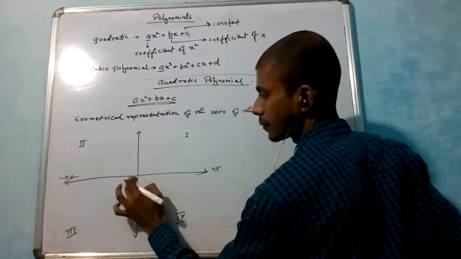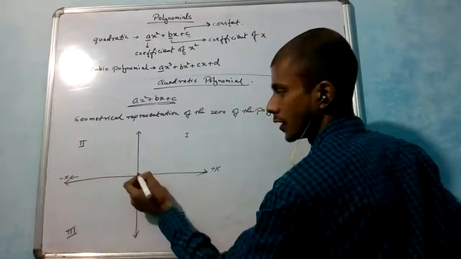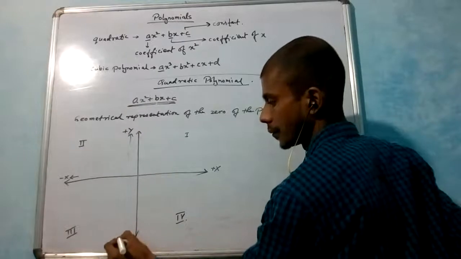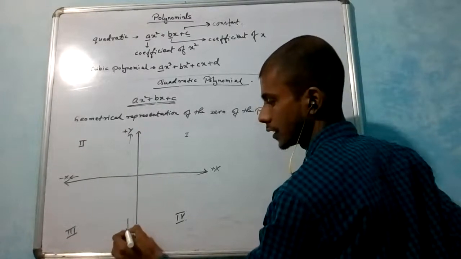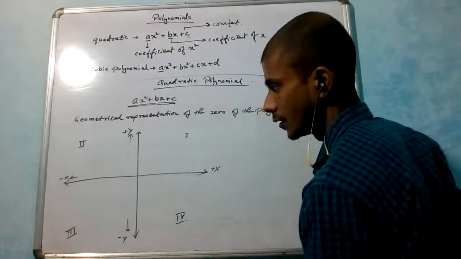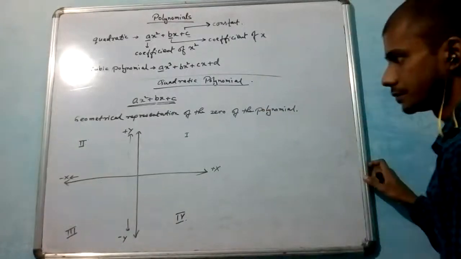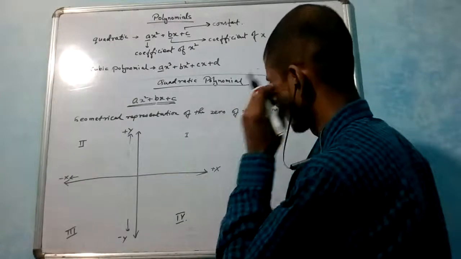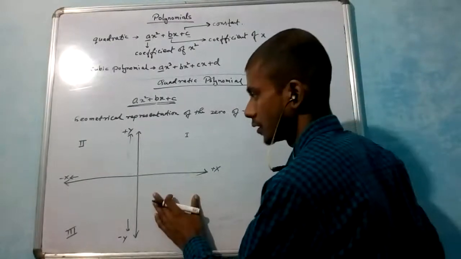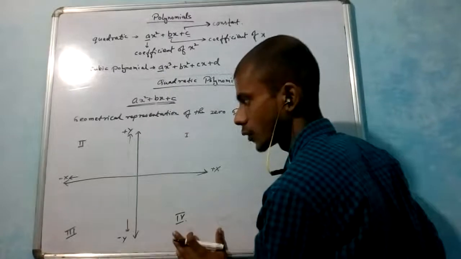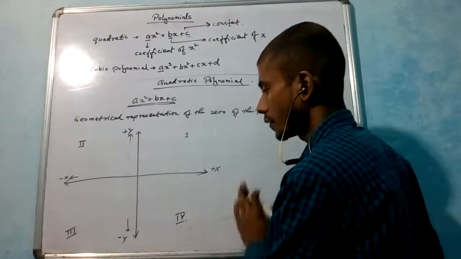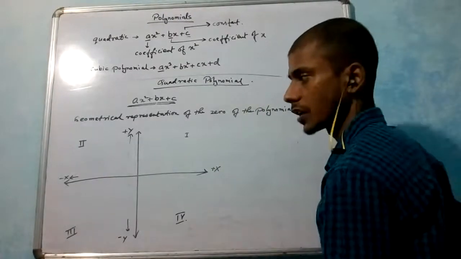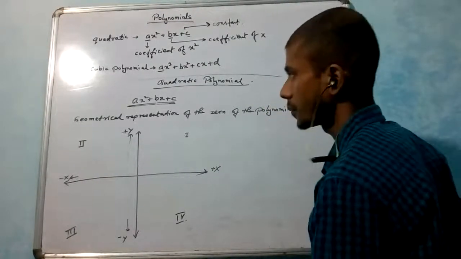From 0 we will start minus 1, minus 2, minus 3, minus 4. Here plus y, and here minus y. We know these things. This is called the Cartesian plane. Whatever polynomials or equations we have, all can be represented on this Cartesian plane. Yes, it can be represented.